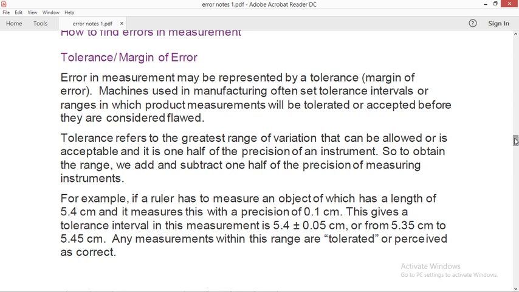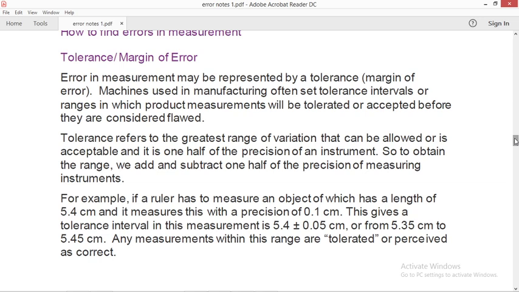For example, if a ruler has to measure an object which has a length of 5.4 centimeters and it measures with a precision of 0.1 centimeter, this gives a tolerance interval in this measurement of 5.4 plus or minus 0.05. Why we did this is because the precision of this ruler was 0.1 centimeter and we need to take the tolerance as half of it.